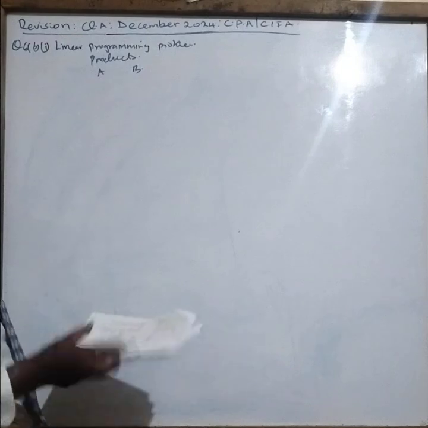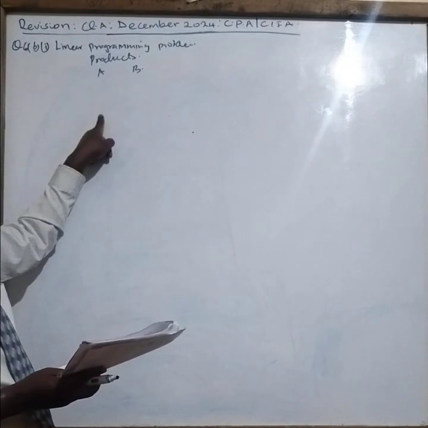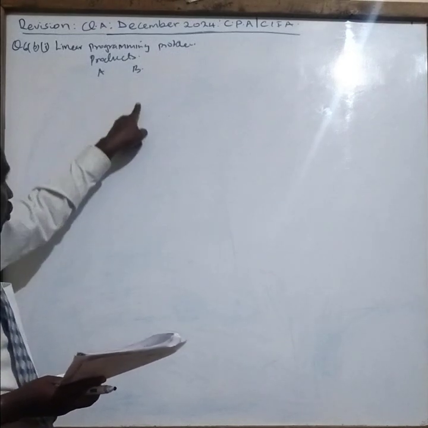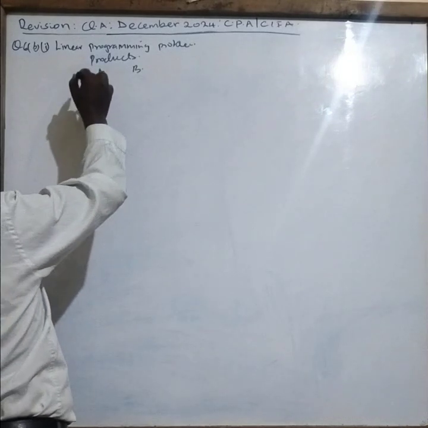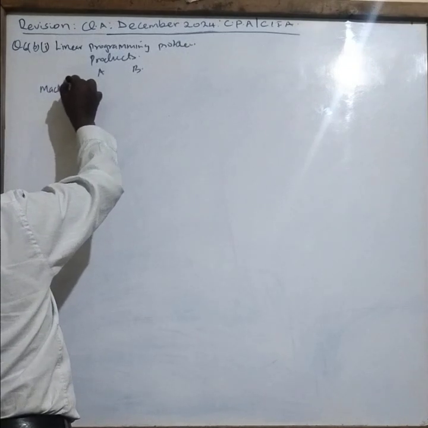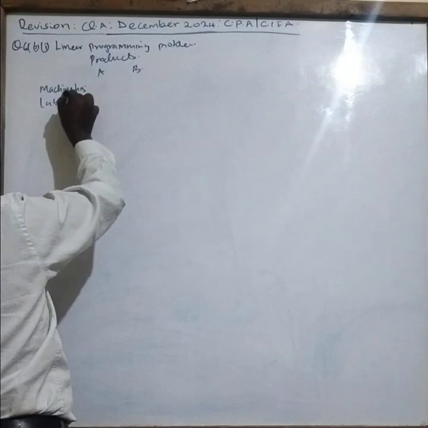Meaning for you to produce 1 unit of A, you need to use 2 resource constraints, and also to produce 1 unit of B. Which are these resource constraints? We are told they are machine hours and labor hours.